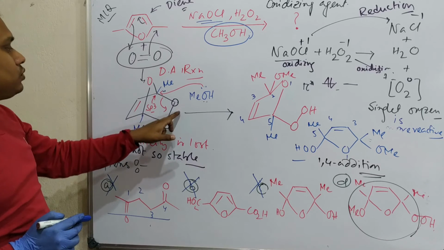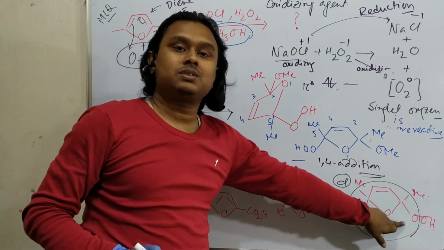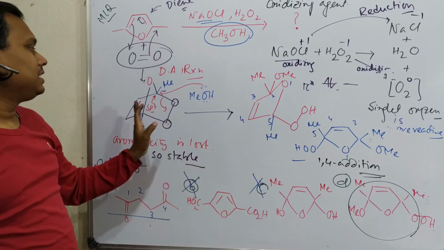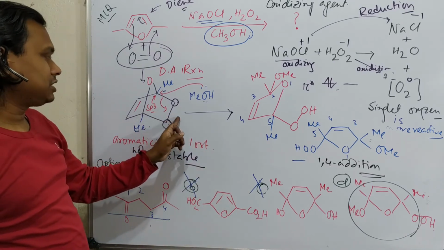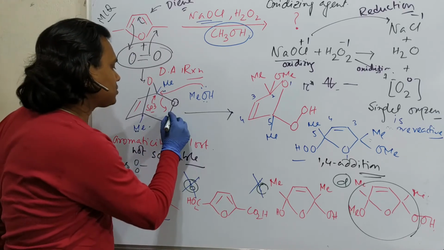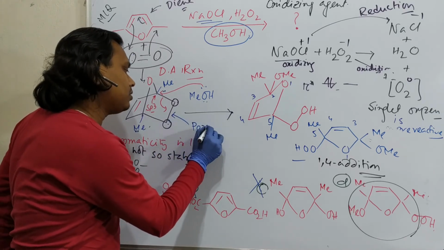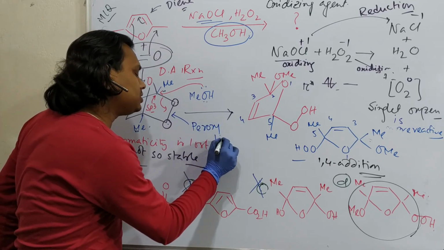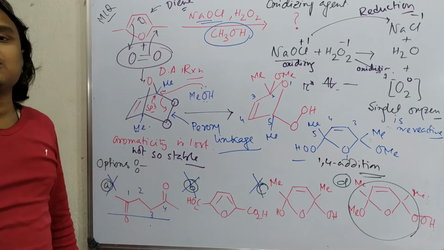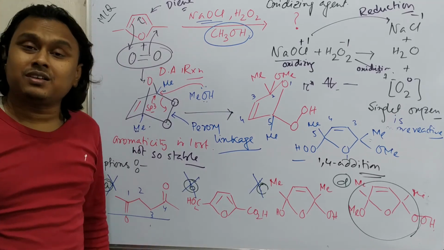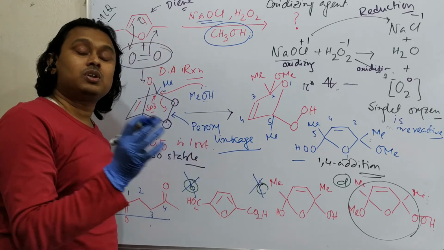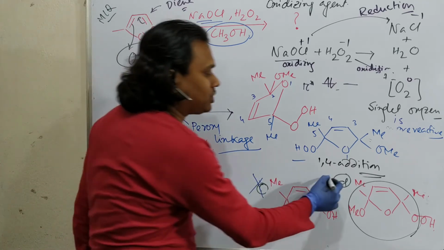There is only O-O, nothing else, and this oxygen-oxygen bond, named a peroxy linkage, cannot be broken without a reducing agent. I haven't provided any reducing agent, so not possible. So in this way, even if you don't know, based on logical guess, you can end up with the right answer.